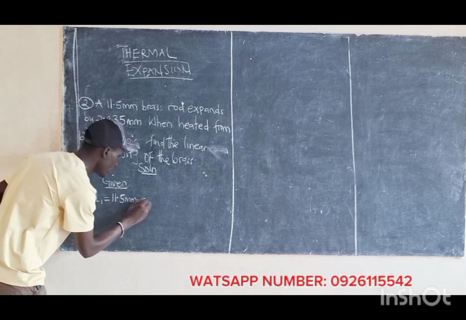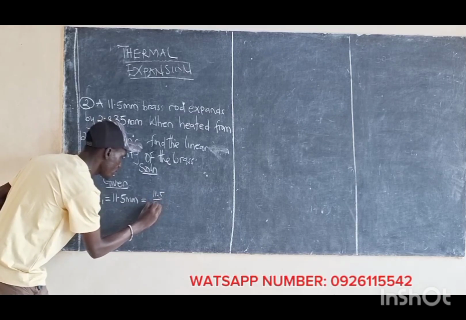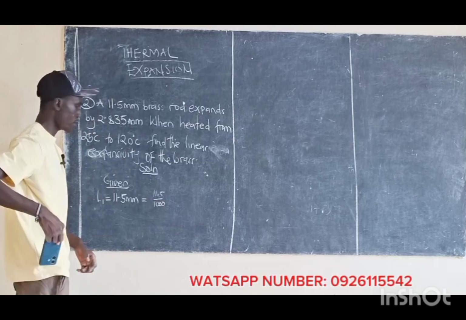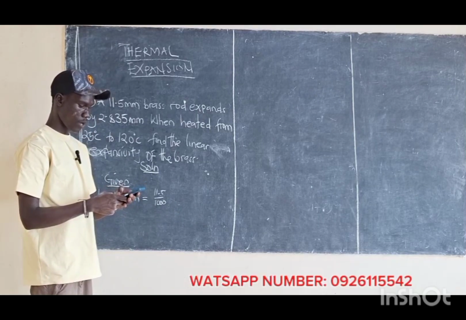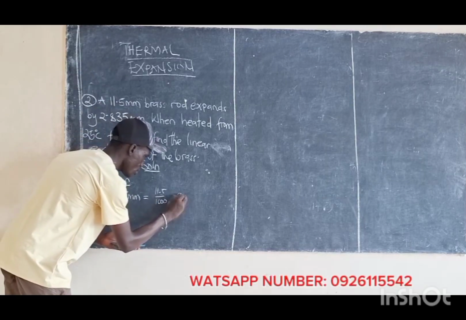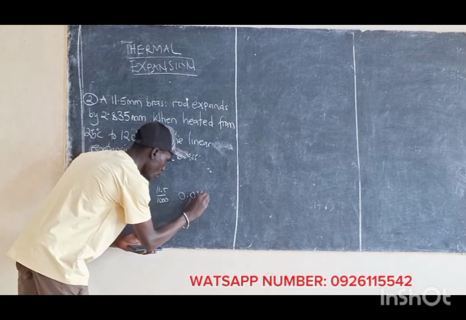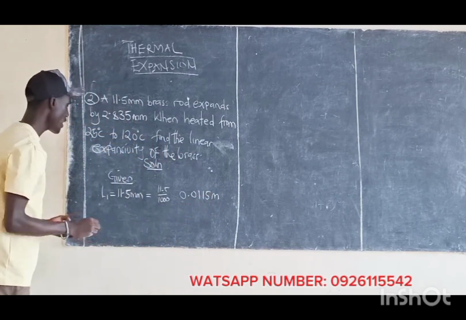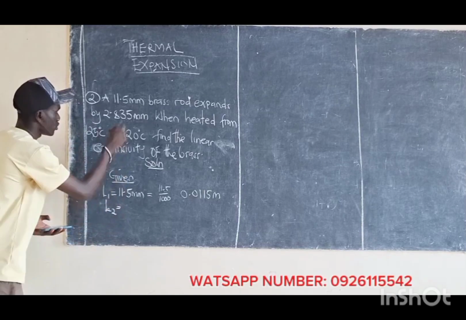Therefore, we divide 11.5 by 1000 and we get 0.0115 meters.